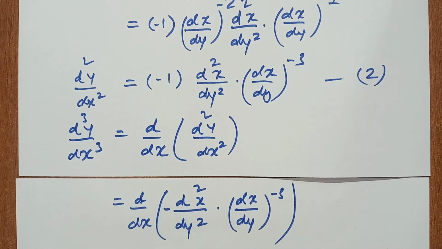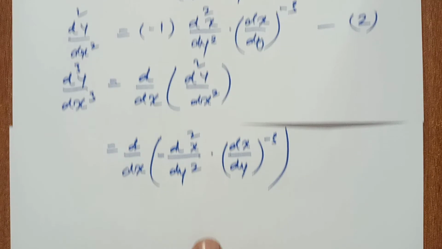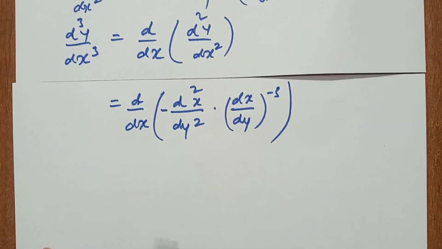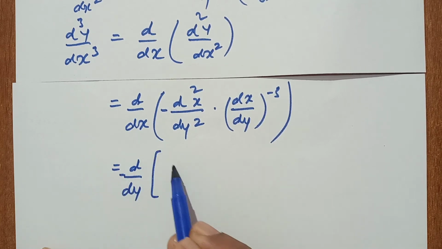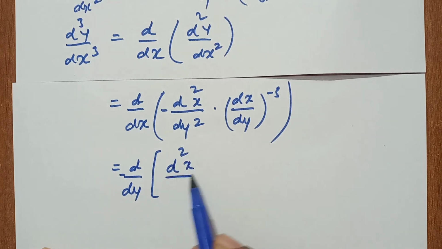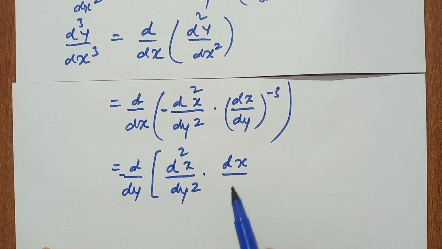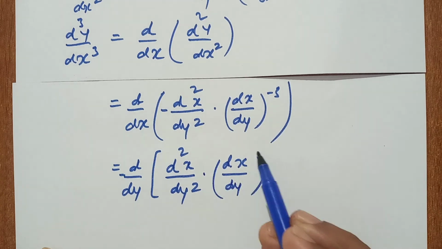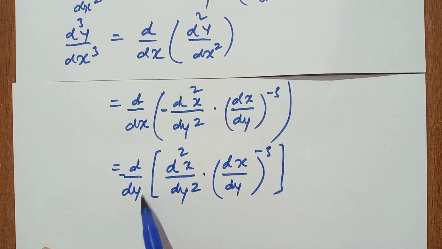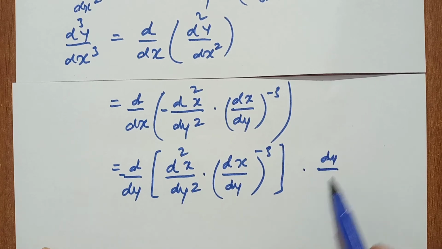Now the differentiation here is with respect to y but we need it with respect to x, so we first put d over dy of minus d2x by dy2 into (dx by dy) to the power minus 3, and multiply by dy by dx.